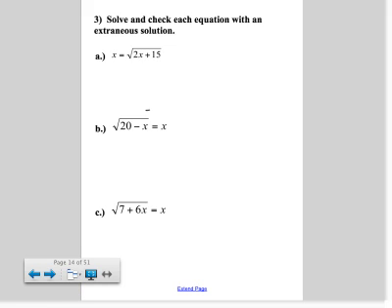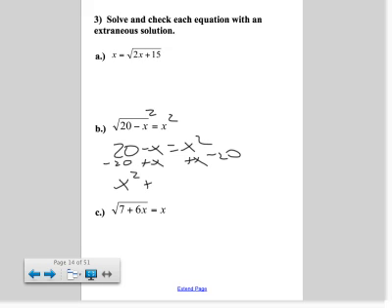Okay? Part B here, I'm going to do the same thing. So I'm first going to square both sides to get rid of the square root. So I have 20 minus x equals x squared. Pull everything to one side. So I'm adding x to both sides, and I'm going to subtract 20 from both sides. So I'm going to flip-flop sides here, so I get x squared plus x minus 20 equals 0. Okay, so now I got to try to factor this guy. I get two numbers that multiply to get negative 20 and add to get positive 1.